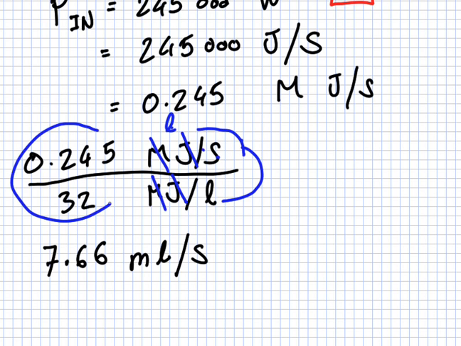But this number is really small. It's milli, 10 to the minus 3. So it's milliliters per second. So this car uses about 8 milliliters per second.